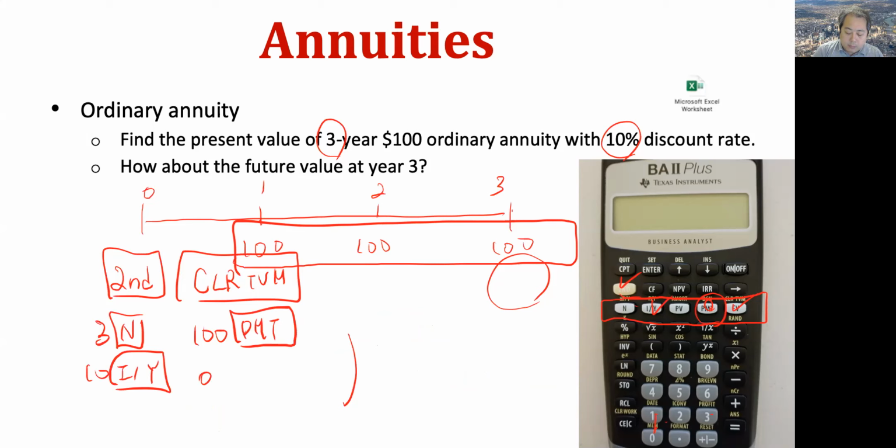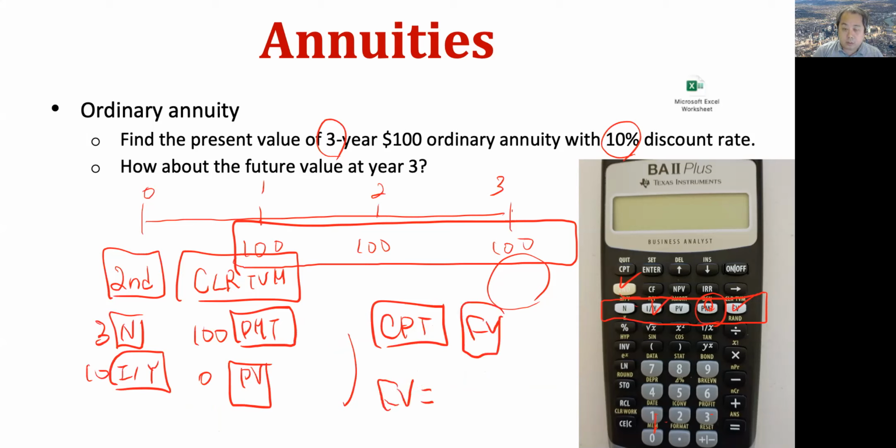And now we don't have any present value, and compute future value. Then you have future value equals negative 331. So the value is $331. Again, this negative means the direction of cash flow.